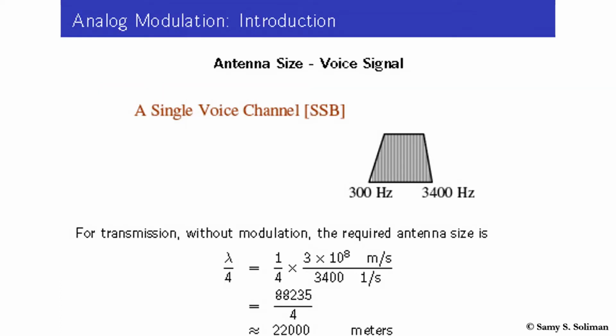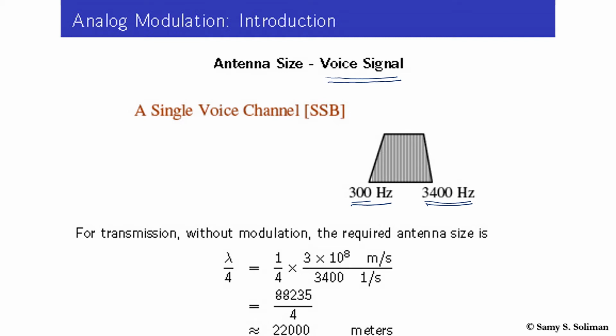Let's consider a few examples of signals. Let's start with a voice signal. Any voice signal is known to have frequency components in the range of 300 Hz to around 3400 Hz.